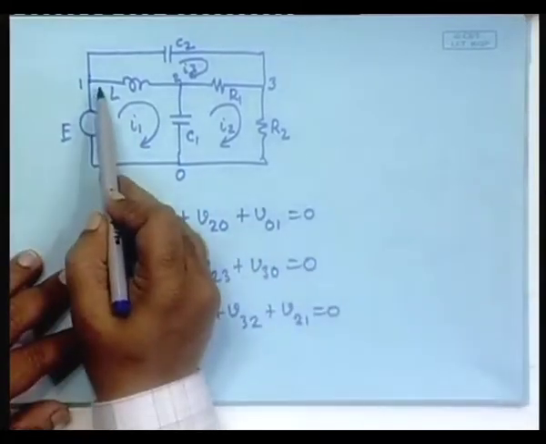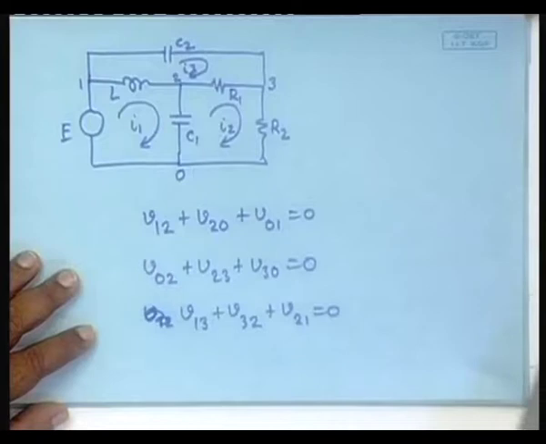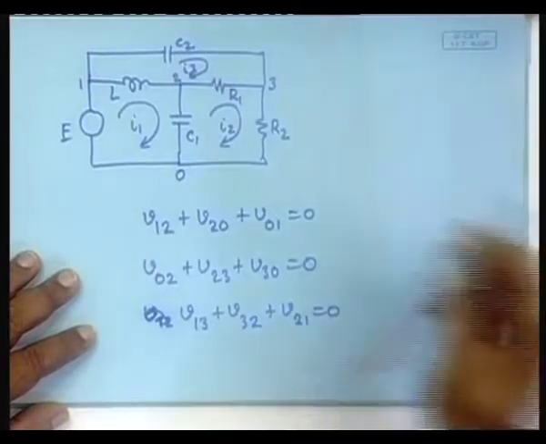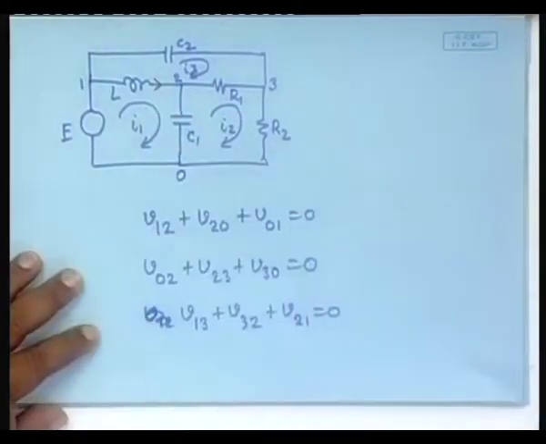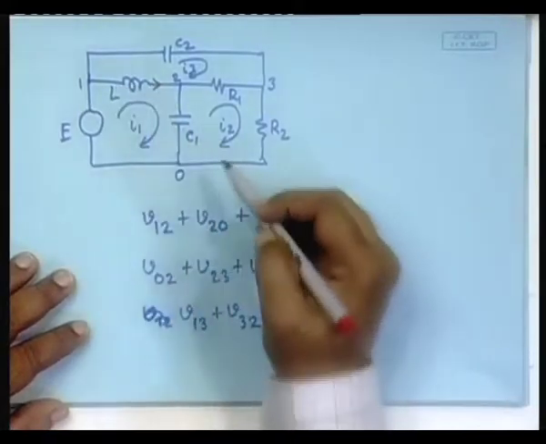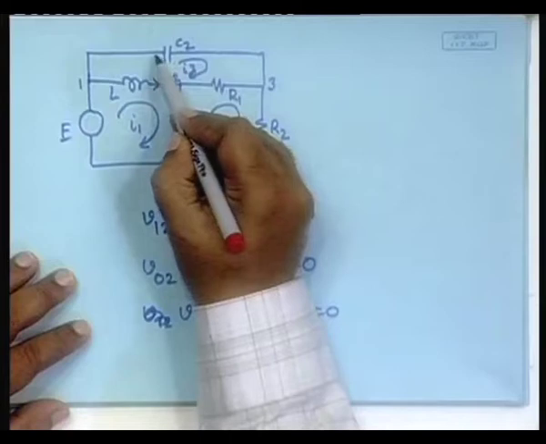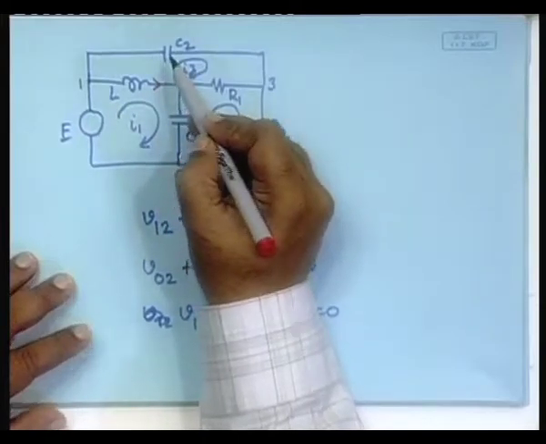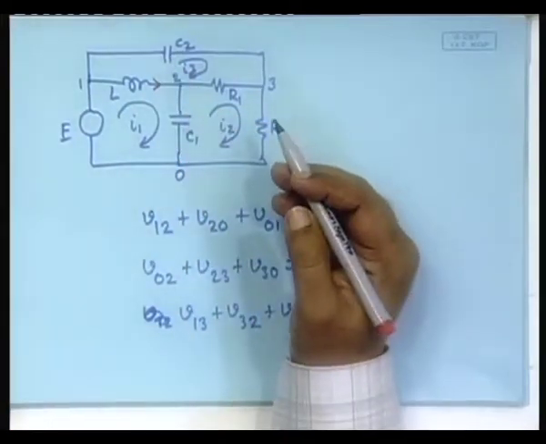All these currents, I have to be careful about this particular current. This will become a state variable, this will become a state variable, this will become a state variable.